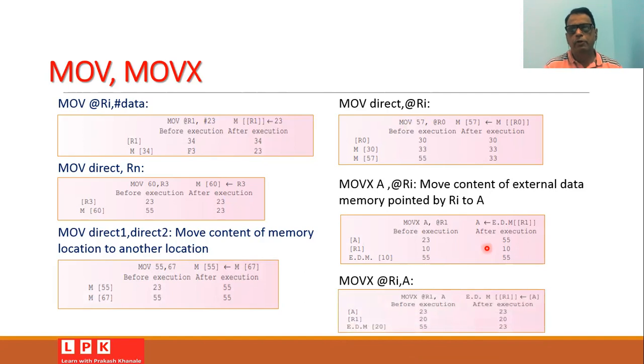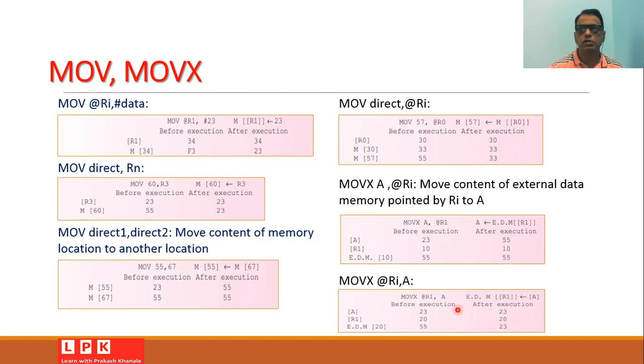It is possible that you can move the content from accumulator to the memory of which the address is stored in Ri. For that, you can make the use of the instruction MOVX @Ri, A. So here the memory is the external data memory.